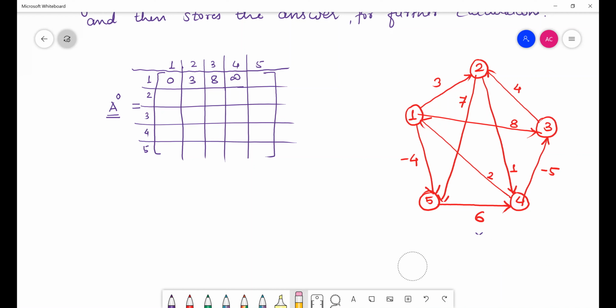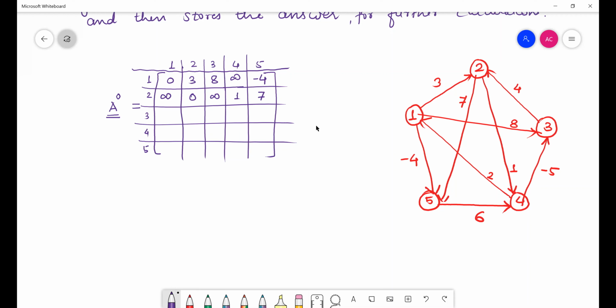Okay, so 1 to 5, minus 4. Likewise, if I fill this entire matrix, I'll find 2 to 1 is no directed edge. Infinite. So infinite, 0, 0, infinite, 1, 1, 7. Just verify this in your diagram.